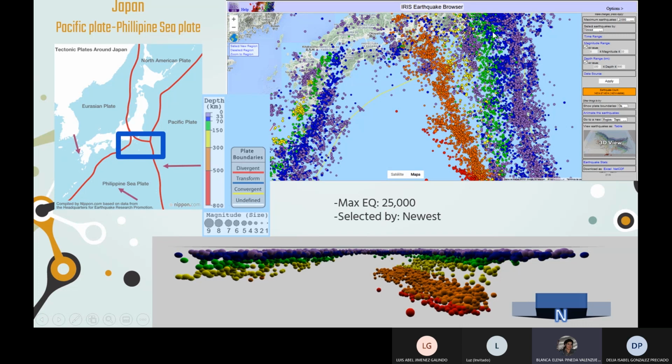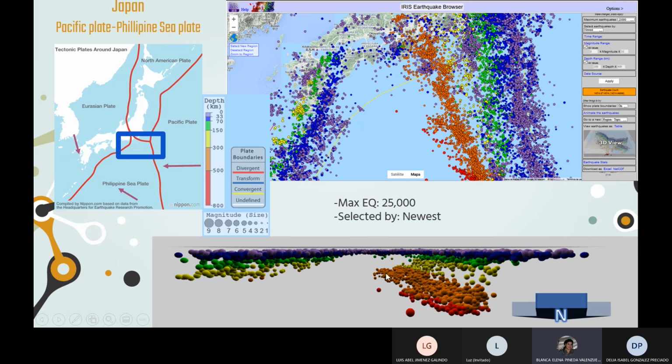So in the image to our upper right, we can see the main subduction where we have first very shallow data that is widely distributed, and then at the deeper points, which are in orange, we have a very straight line.